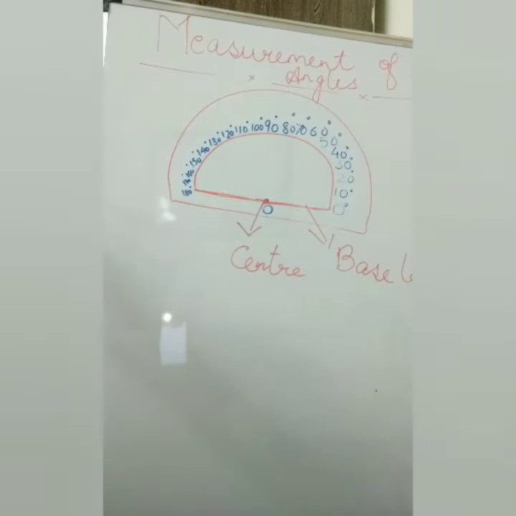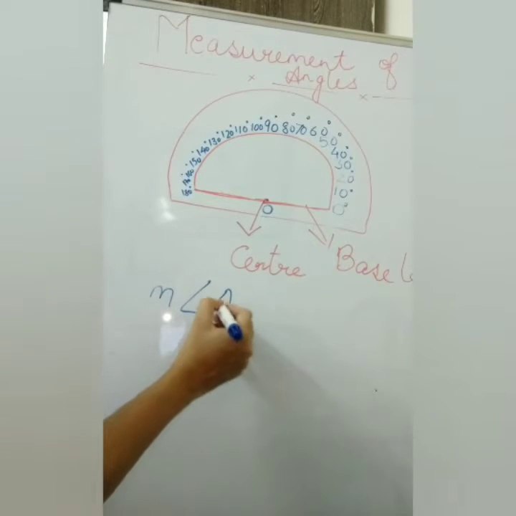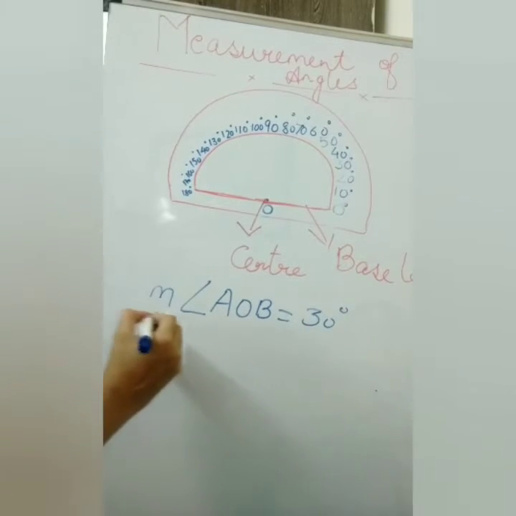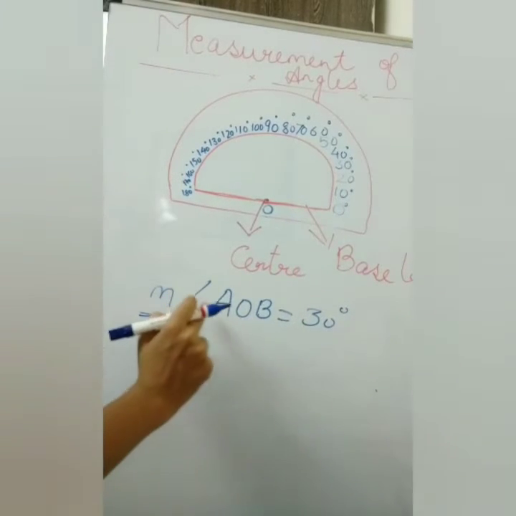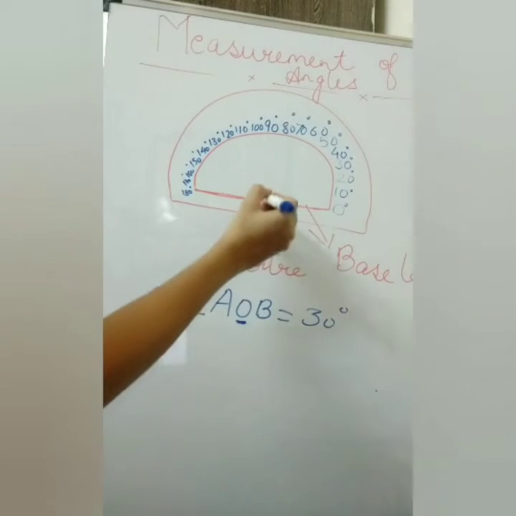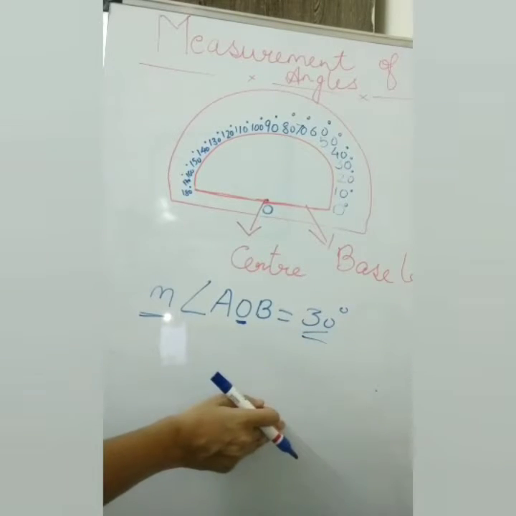Now if we want to measure, suppose I say m angle AOB is equal to 30 degrees, you have to draw 30 degrees. M stands for measurement of angle AOB. Now this O, we will put the protractor like this. Now the measurement is how much? 30 degrees.